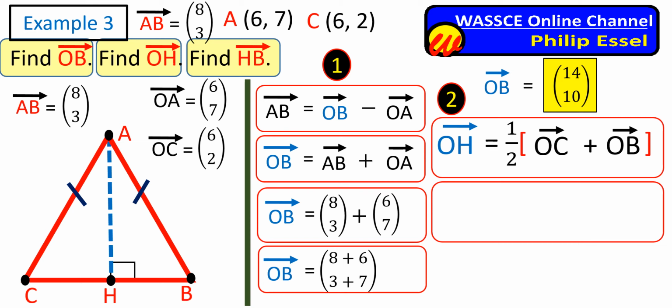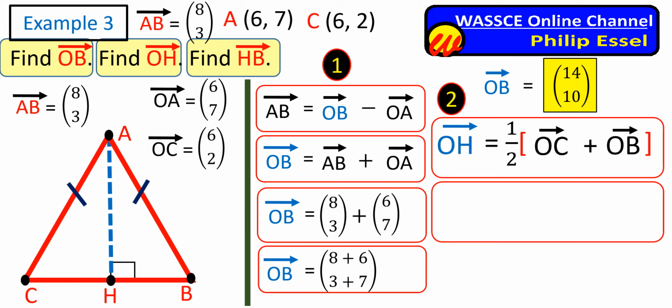From the question given to us, we know the position vector OC to be equal to 6, 2. And also from our calculation, we know the position vector OB to be equal to 14, 10. So all we need to do is to substitute these position vectors into our formula.